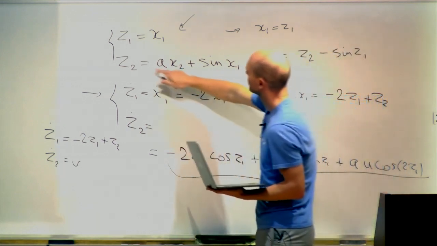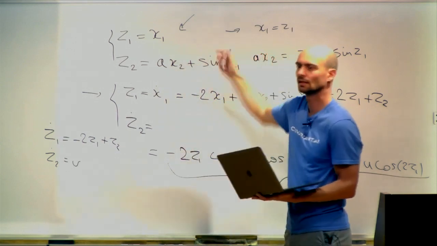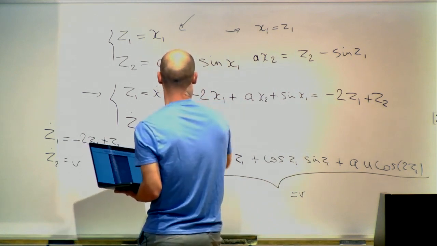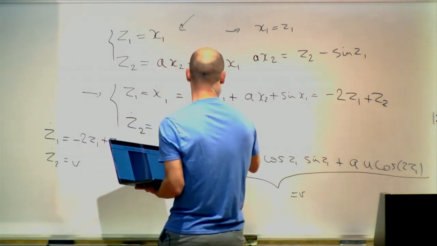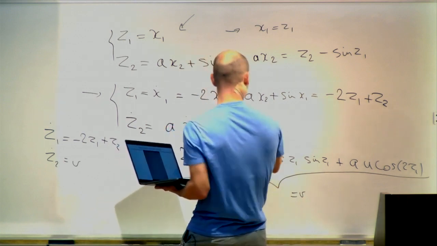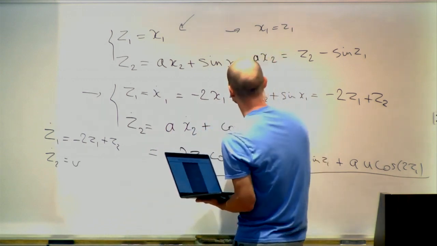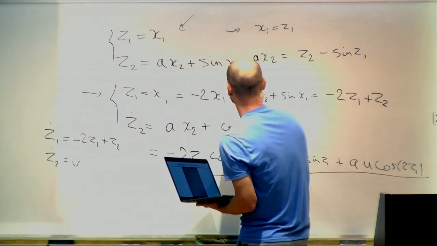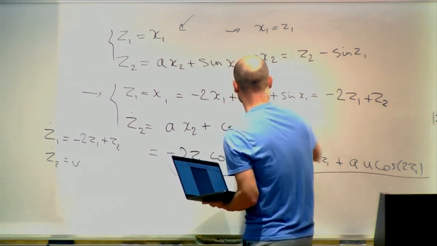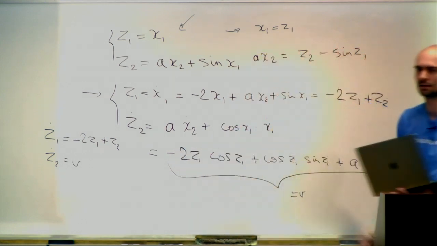I should have done z2 prime equals a x2 prime plus cosine x1, and then start swapping in. So z2 prime equals a x2 prime plus cosine, I think it's cosine x1, times x1 dot, something like that. And then from there, I get to the one below. Thanks.